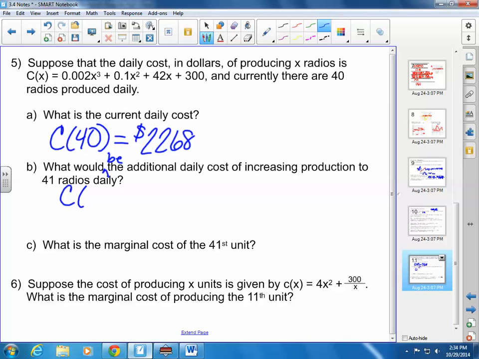Okay, so C of 41 minus C of 40. So change all those 40s to 41s. Then what do you get?